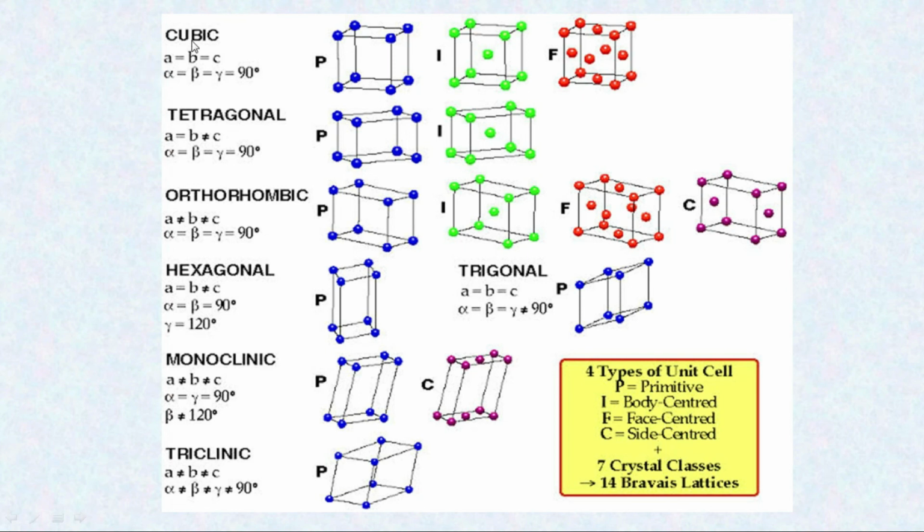You can observe that under cubic we have three types of unit cell, under tetragonal 2, orthorhombic 4, hexagonal 1, then monoclinic forms 2, triclinic 1, and trigonal 1. This trigonal is nothing but rhombohedral. So if we follow these relationships, these are the different shapes or structures of unit cells we are going to get. Thank you.